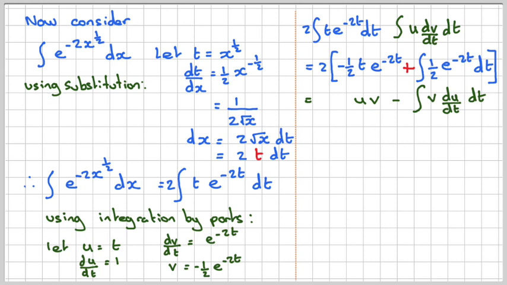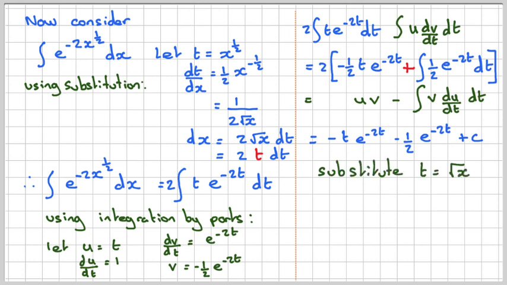So that's fine, so that will be equal to, now taking that 2 in, that will get rid of the half, so we get minus t e to the minus 2t. And then when we integrate this, we're going to get 1/4 e to the minus 2t, which will make it 1/2 e to the minus 2t. And because this was a plus here, when we integrate it, we get a minus sign, so the whole thing becomes minus. We're going to substitute back t is equal to root x into that.